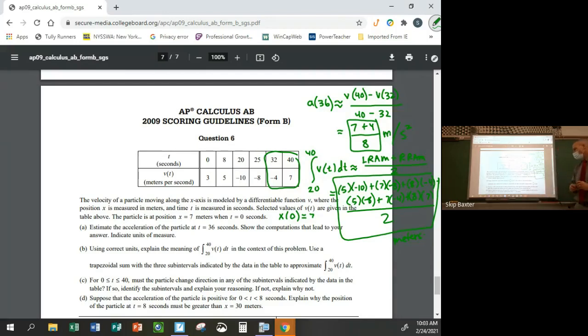D, suppose that the acceleration is positive from 0 to 8. Explain why the position of the particle at 8 seconds must be greater than 30 meters. What do you think?